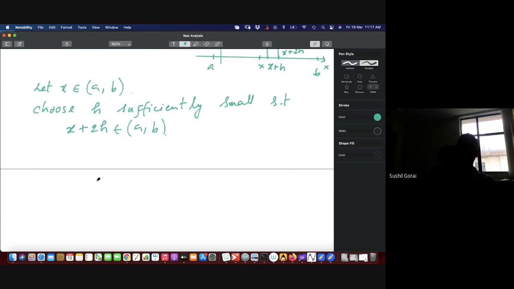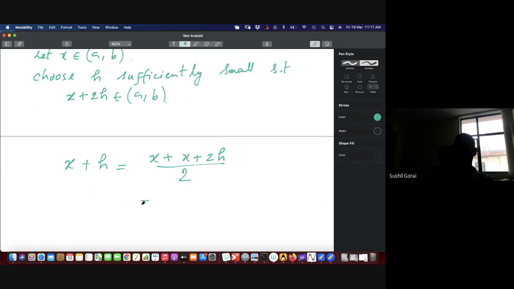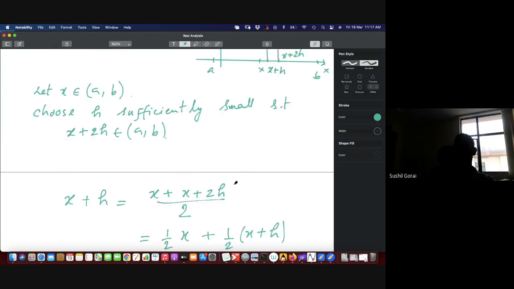Now you see, x plus h is nothing but (x plus (x plus 2h)) by 2. So t is half here. So half x plus half (x plus 2h), right?